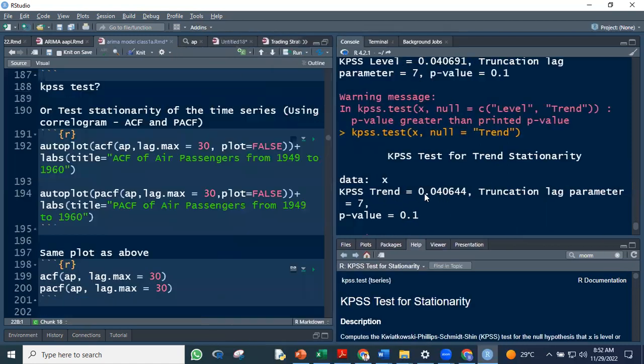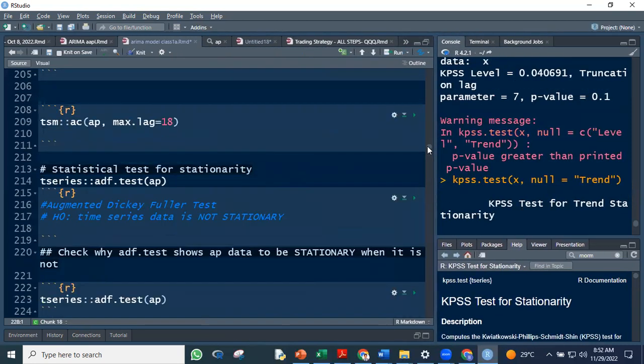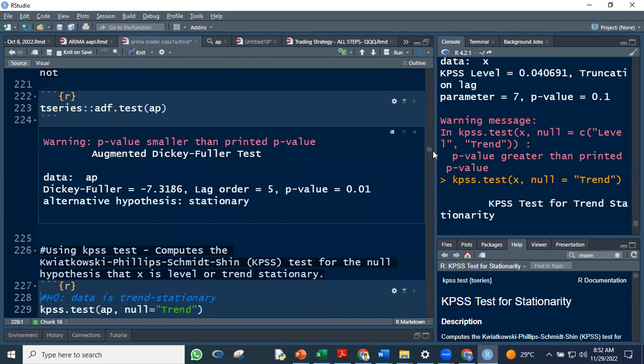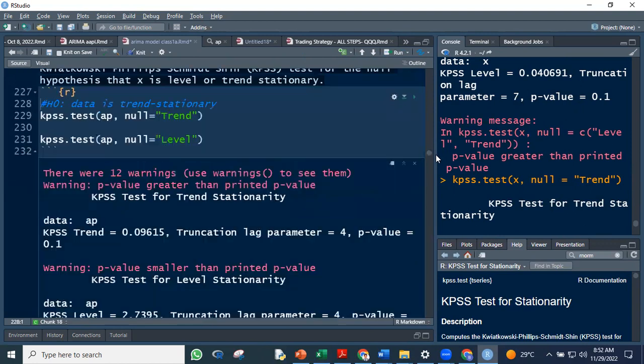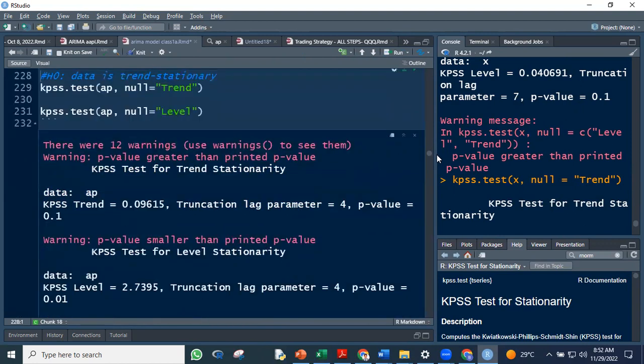The problem here, class, is with our AP data. Using trend and level, for trend stationarity, it is 0.1.